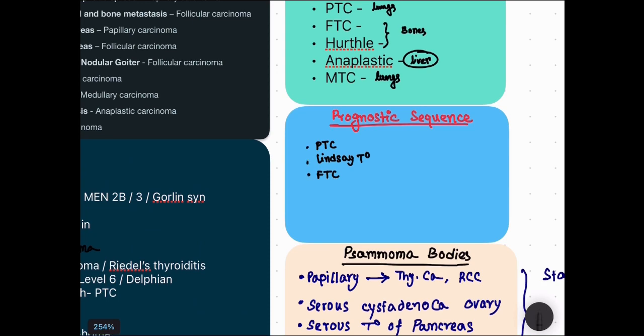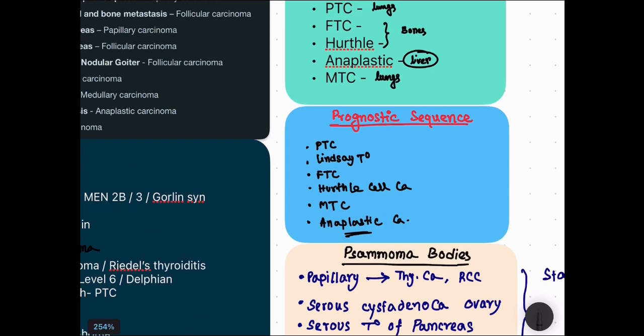Next you have Hurthle cell carcinoma, followed by medullary thyroid carcinoma and anaplastic carcinoma. Anaplastic, I told you, has the worst prognosis overall. This is the prognostic sequence.